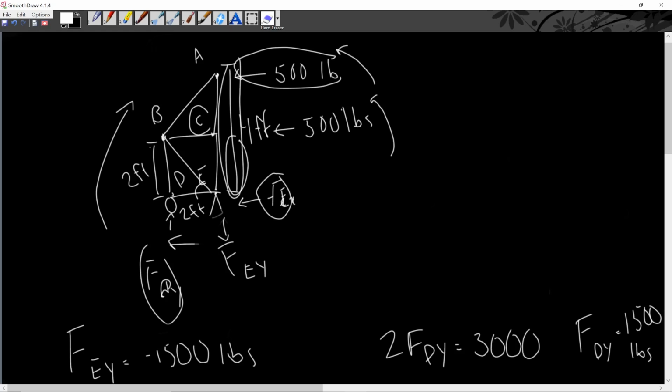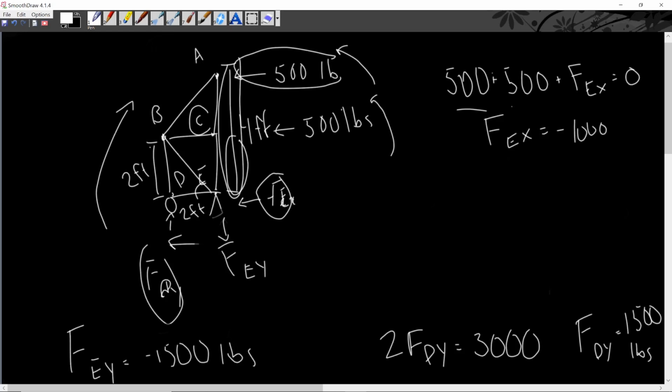FEX. Now, this one's going to be relatively normal, I'd say. We have 500 plus 500 plus FEX will equal 0, which means that FEX will equal negative 1000.